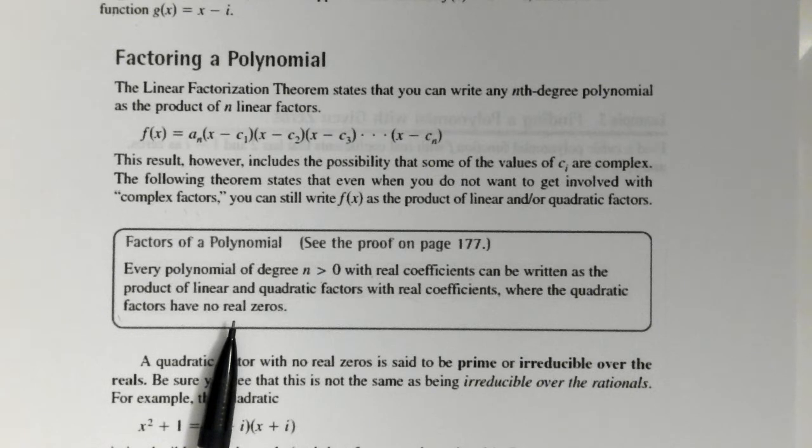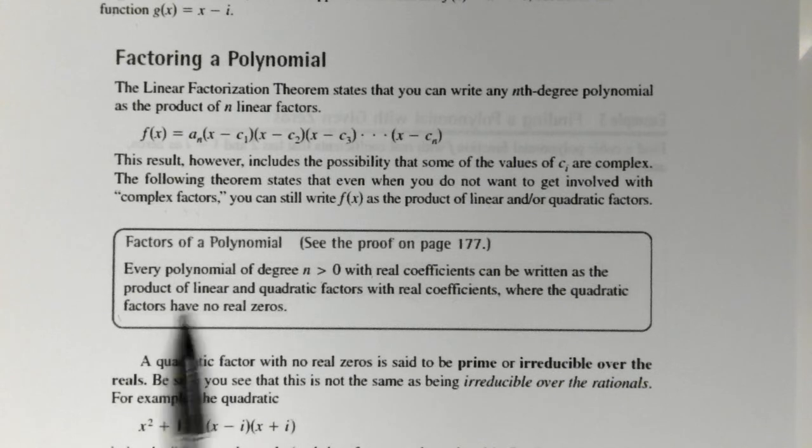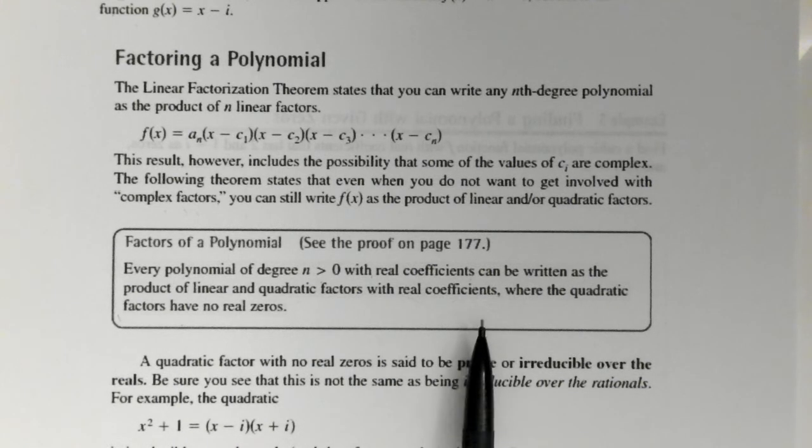All right, so really what this is saying is, remember in the last section where we started getting some of the zeros, and some of the zeros were complex in nature? Well, what this theorem is saying is that as long as you have a polynomial with real coefficients, then if you don't want to deal with the complex factors, then they can be written as a product of linear and quadratic factors with real coefficients.